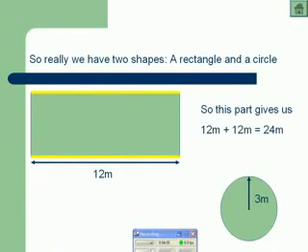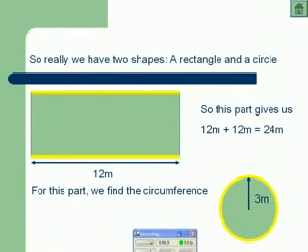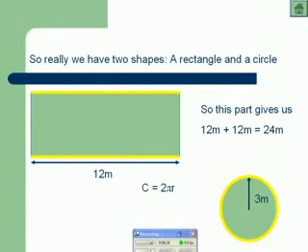So for the rectangle, we're going to have 12 meters on the top and 12 meters on the bottom, so that's going to be 24 meters. So we just now need to know what the distance is all the way around the circle. So we know that our circumference is 2 pi r, which is pi times 2 lots of r.